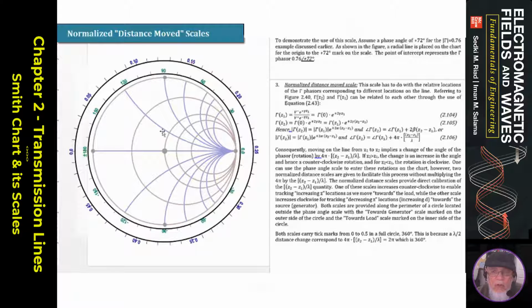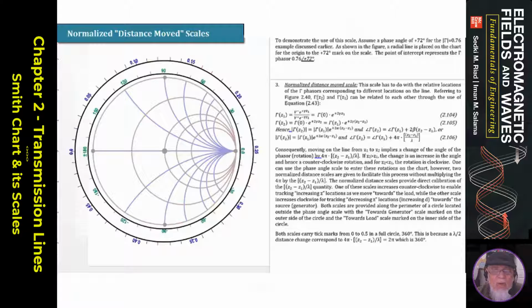Now, if you go back to this equation, if I move a full wavelength, that means a change of angle of 4 pi, that means 2 rotations around the chart. If I move half a wavelength, that means 2 pi, that means 1 rotation. If I move a quarter wavelength, that means pi, that means I move 180 degrees. And here it is.